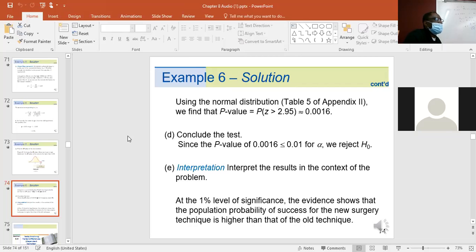Are you able to get the test value z? What is z from your calculator?